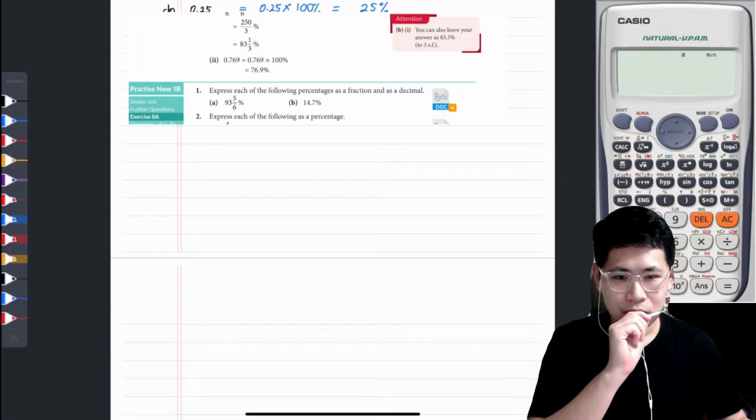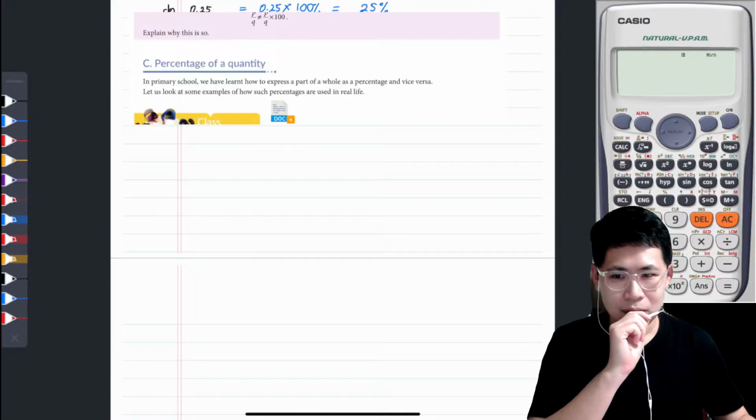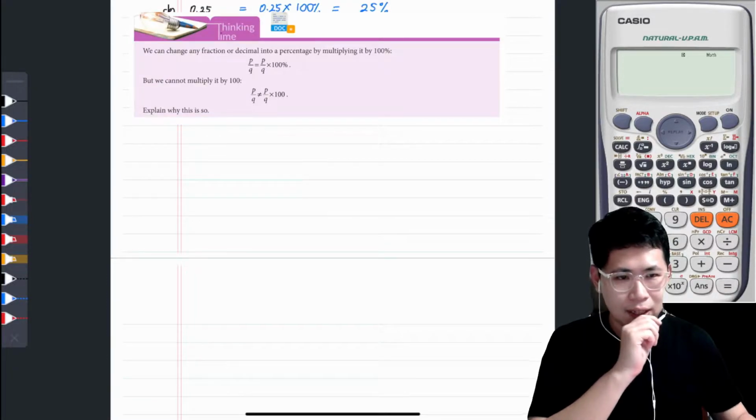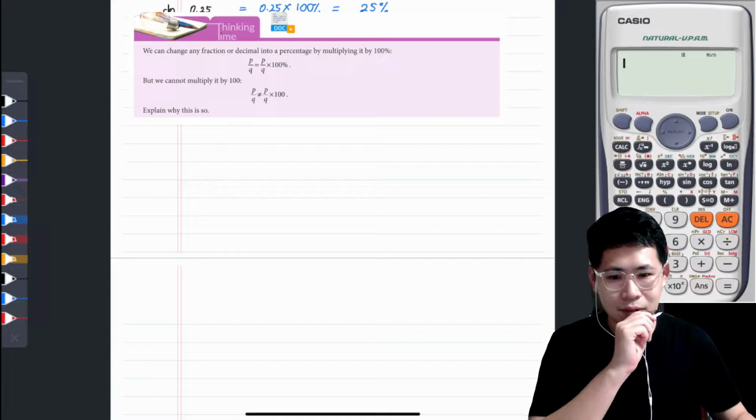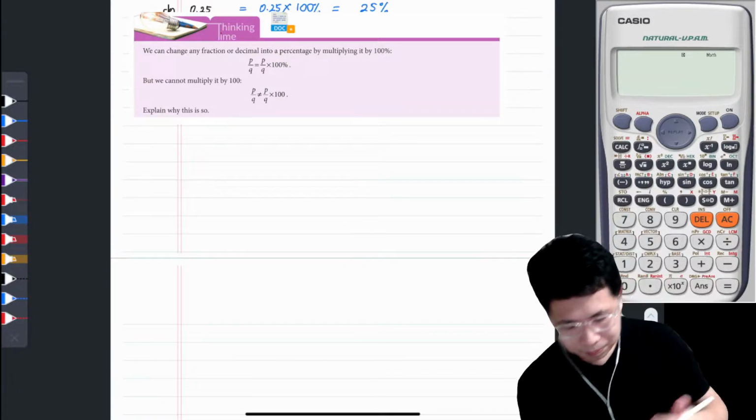I can't find the page number. Anyway, thinking time from page 5.